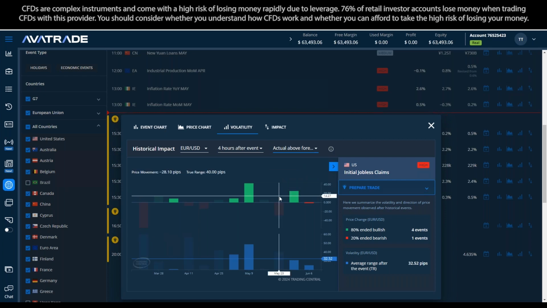So above forecast, and that's exactly what we see here, 80% of the time the movement is up, with the euro climbing against the USD in the 4 hours after this announcement, if the numbers come in higher than expected, meaning worse than expected, meaning a slowdown in the jobs market in the US.